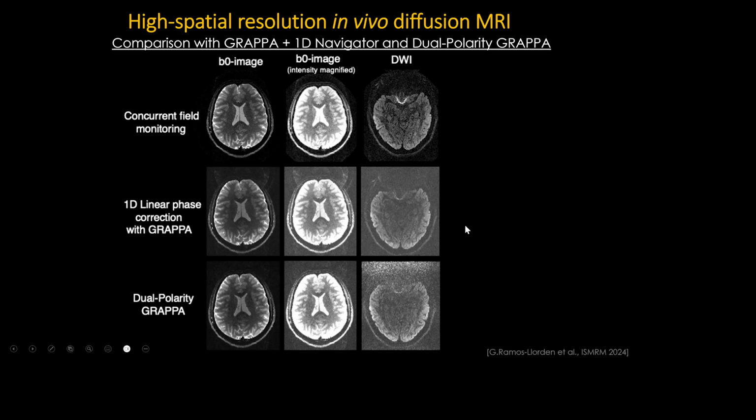These are results with just 1D linear phase correction with GRAPPA. And then the dual polarity GRAPPA on the scanner needed to be optimized. You could see initially that there was some noise amplification. We've since fixed this in collaboration with Siemens, which involved tweaking the regularization factor on that DPG kernel.